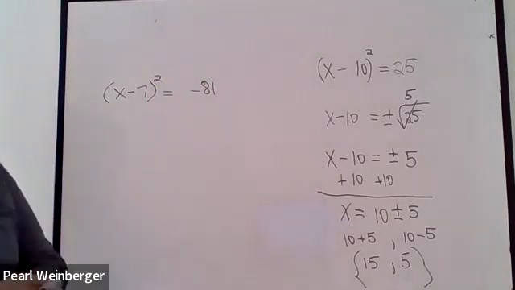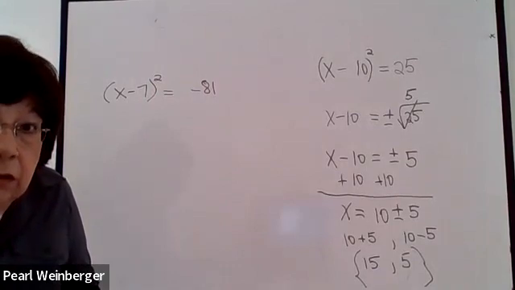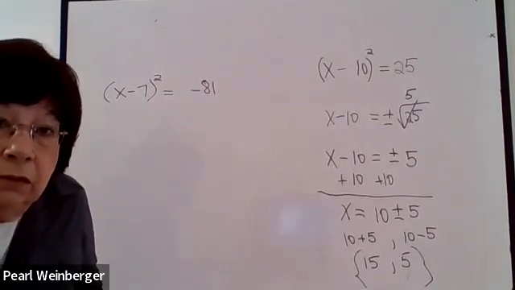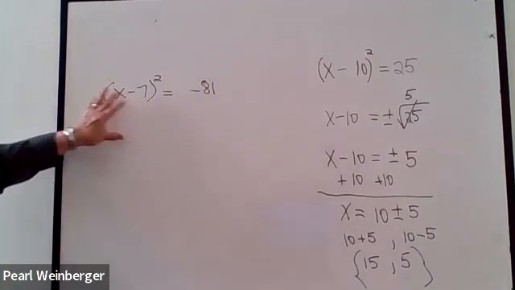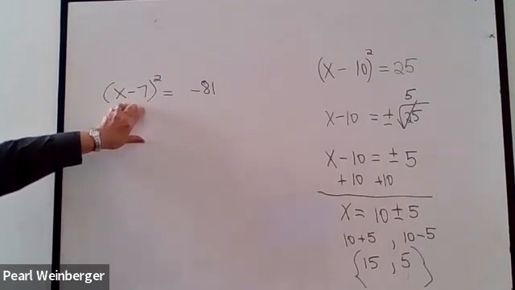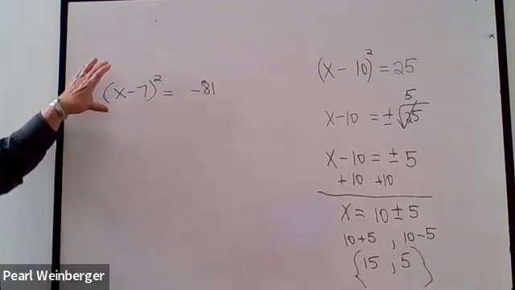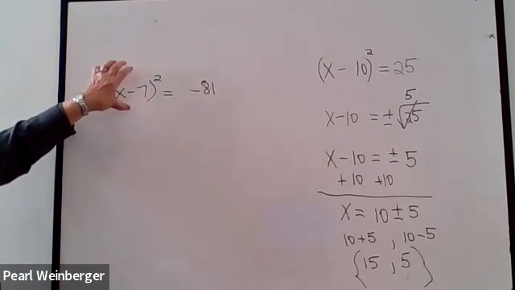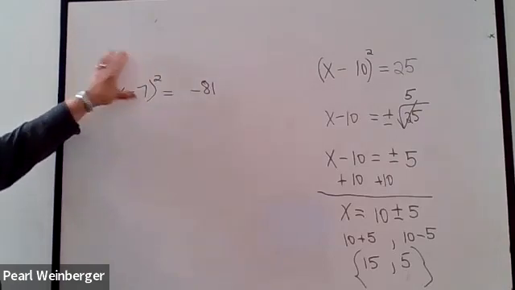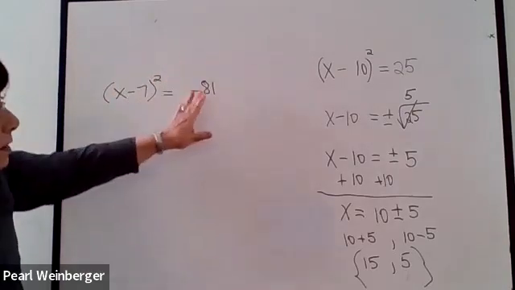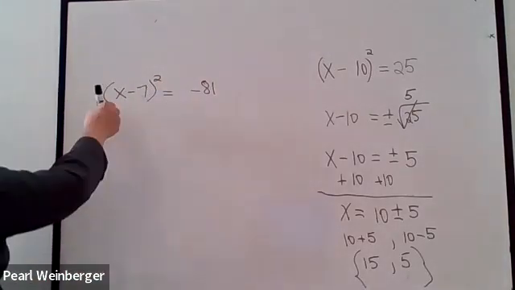Okay. Again, we have an expression where we have a binomial squared equaling a number. And that's a perfect setup for using the square root method. I have something squared, a parenthesis squared, and it equals a number. Because right away I can take the square root of both sides.